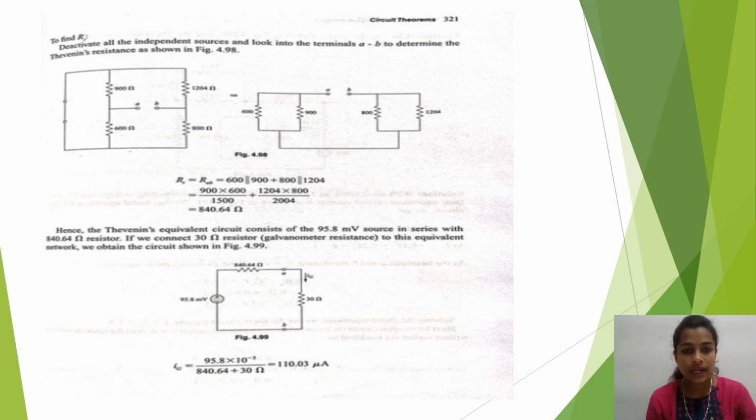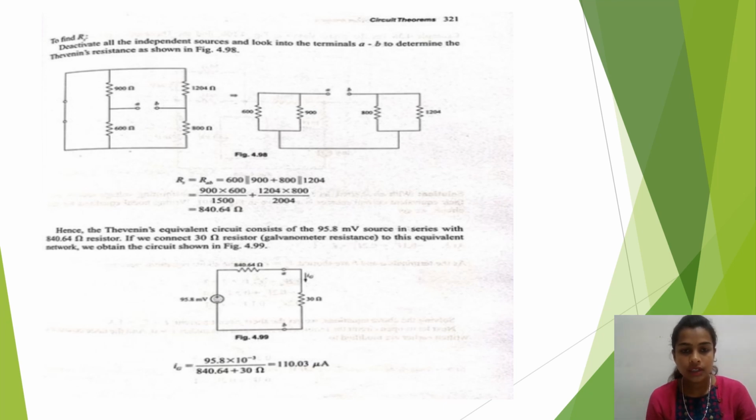That is equal to 900 into 600 by 1500 plus 1204 into 800 by 2004, that is equal to 840.64 ohm. Hence, the Thevenin's equivalent circuit consists of the 95.8 millivolt source in series with an 840.64 ohm resistor.